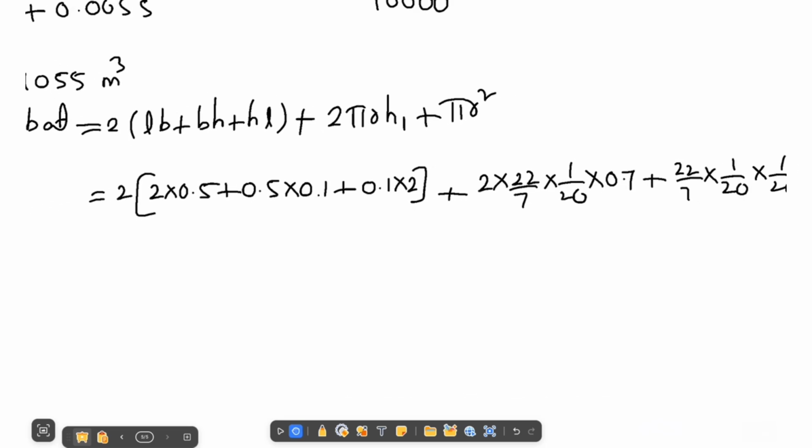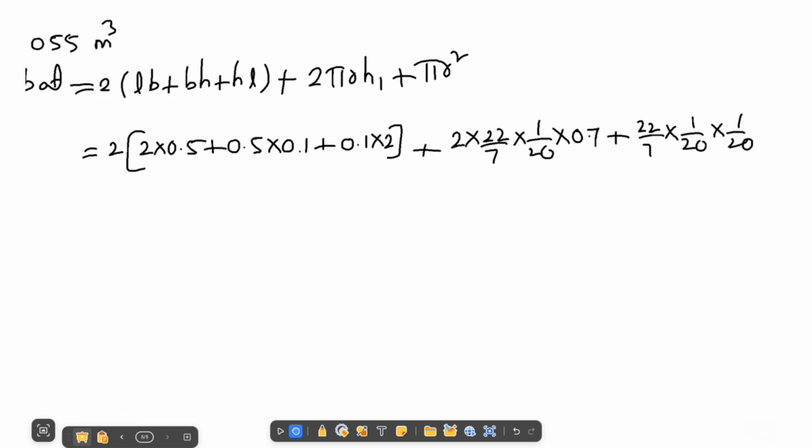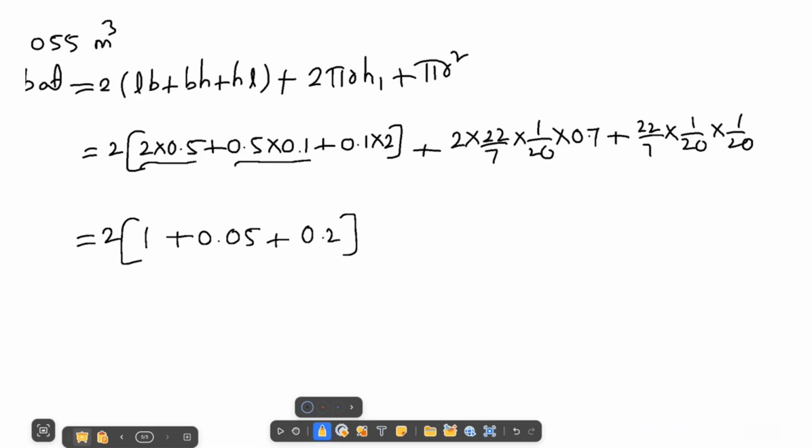So let's solve it. 2 of, 0.5 into 2 is 1, plus 0.5 into 0.1, it is 0.05. Next 0.1 into 2, it is 0.2. Plus, now here we can cancel, 2 tens are 20, 2 ones are 1.